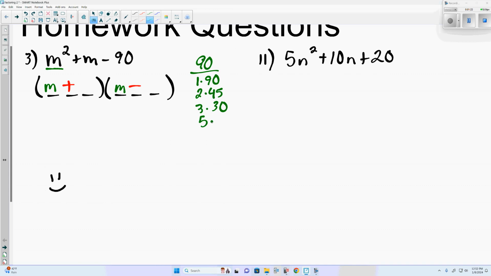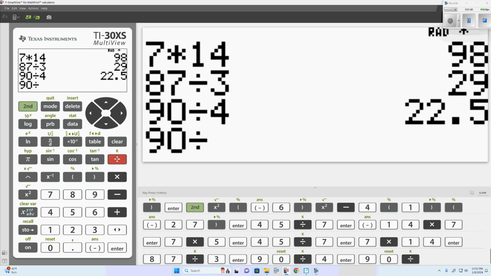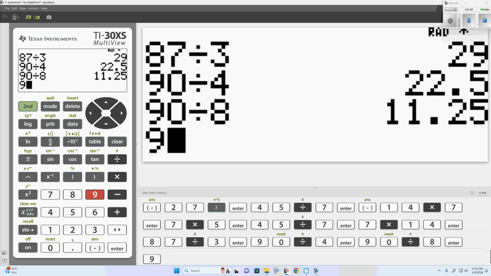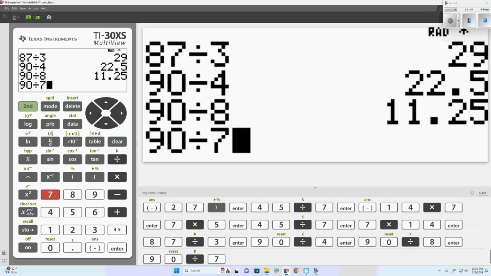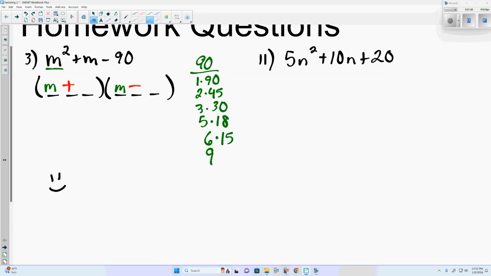But then we have 5 and 18, 6 and 15. 7 is not a factor of 90, and I don't believe 8 is. Neither one of those is a factor, but then we do have 9 and 10.